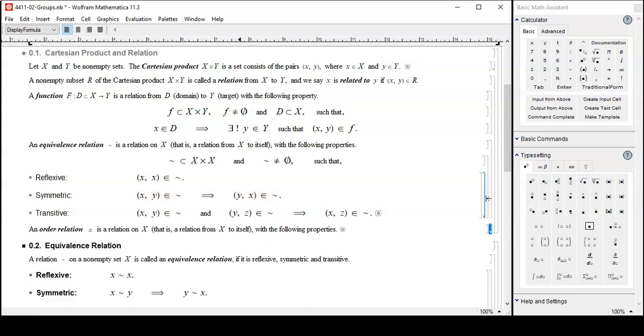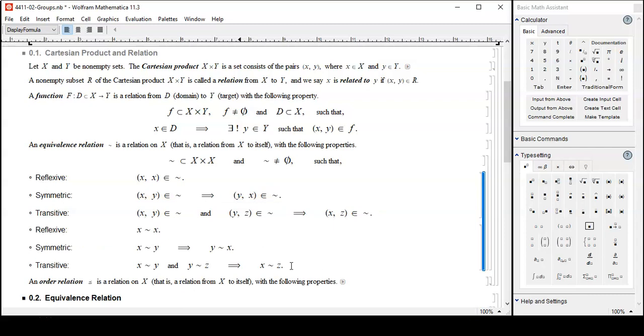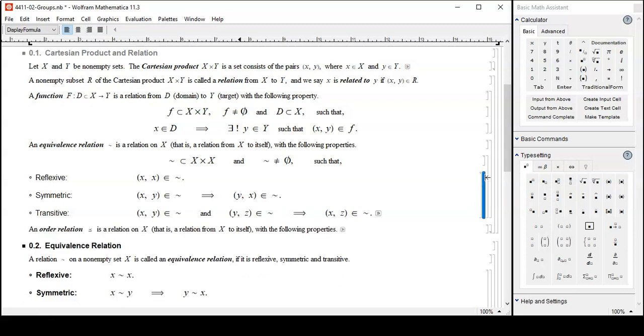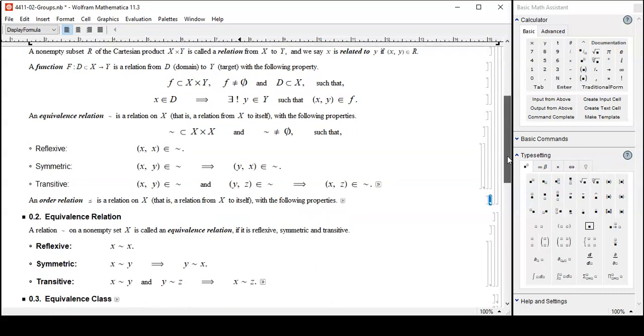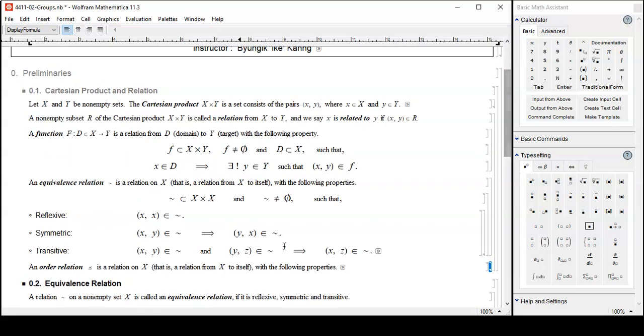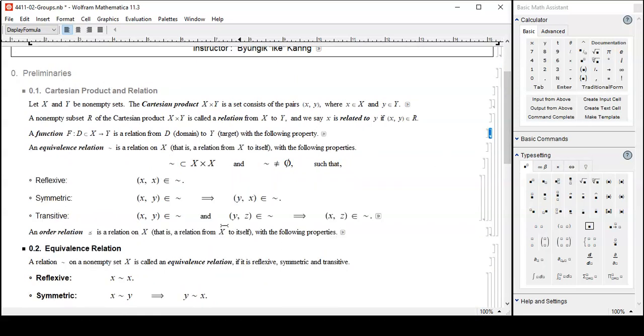And of course, the more traditional version is like this for equivalence relation. And you can do the same thing for other expressions as well. But the order relation is not that important for our purpose. It's important in analysis, but for algebra it is not, so let's not worry about it. And as for the function, that's a bit too elementary.